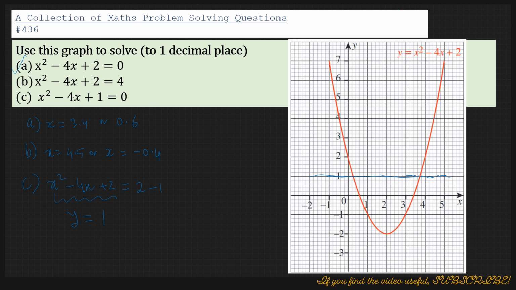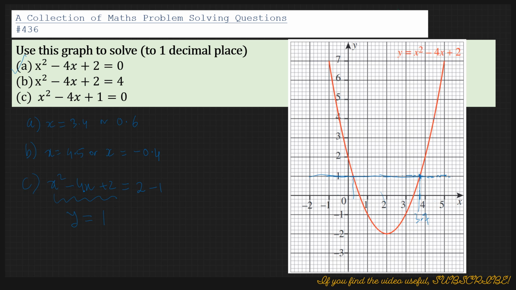And where does the line y equals 1 cut the curve? So it's somewhere here. This is the point. So again, what I land up with is 3.8, somewhere between 3.8 and 3.6. So I can say that this is 3.7. The other point would be somewhere between 0.2 to 0.4.